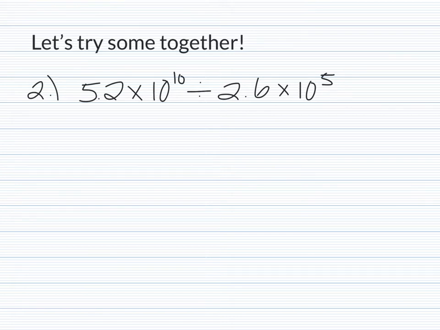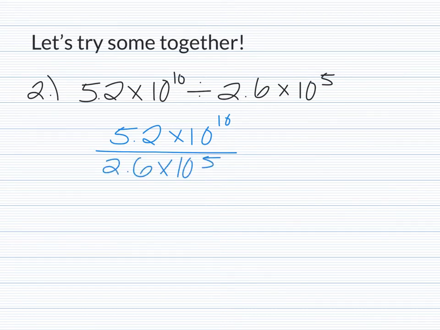So the first step here is to just simply rewrite so that we have the first set of scientific notation as the numerator, the second set as the denominator, and we're saying the exact same thing, we're just changing the way it looks. So once again, we want to divide the regular numbers here.